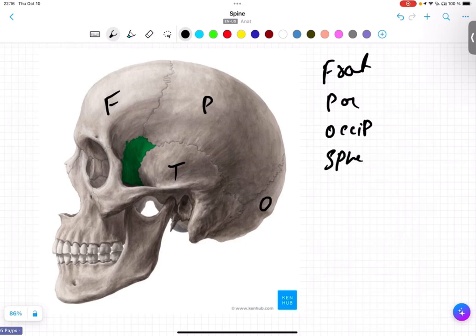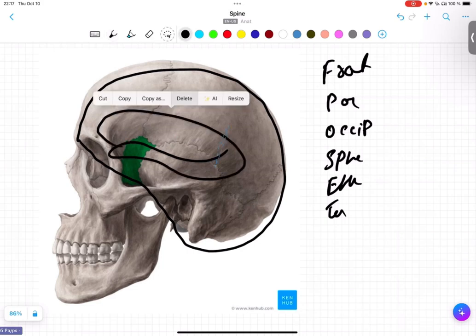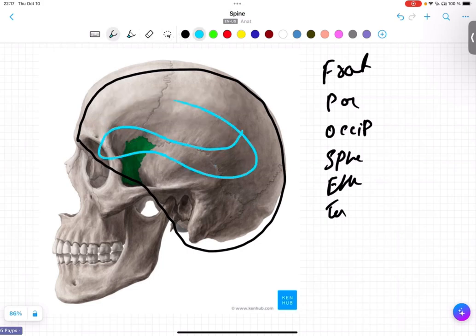Sphenoid is a butterfly-shaped bone. I will tell you about the osteology of the skull in head and neck, so don't worry. Frontal, parietal, occipital, sphenoid, ethmoid, and temporal. These bones are forming a box-like structure so that you can contain your brain here. Okay, so that you can have your brain.